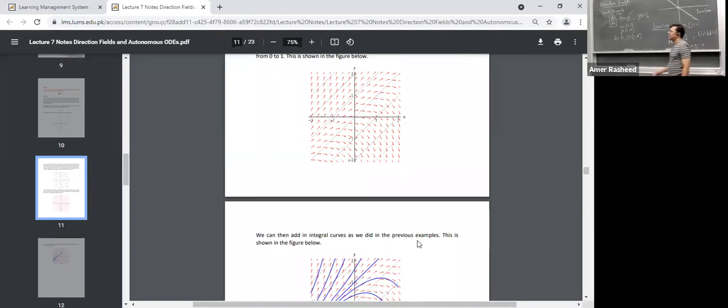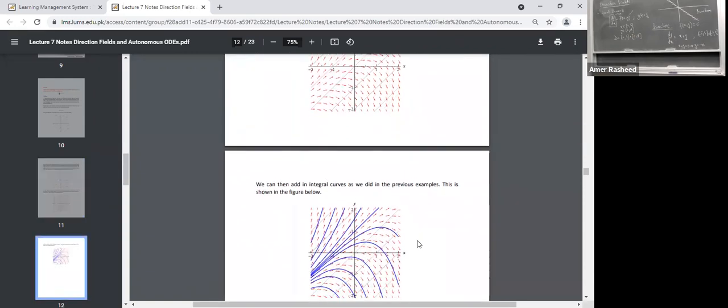Isoclines, I'm sorry. Solutions can cross isoclines, but not the lines which represent the singular points. Yes, sorry, I forgot it. Isoclines, the solution can cross isoclines, but not the singular points. I'm sorry for that.